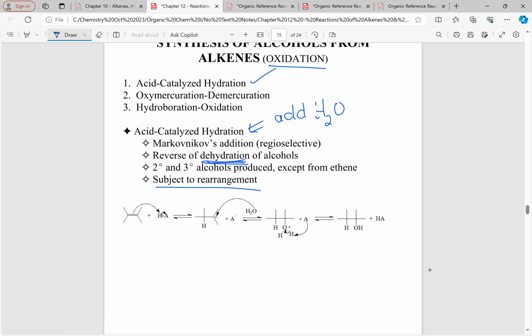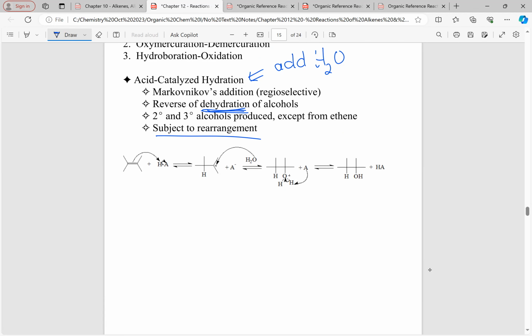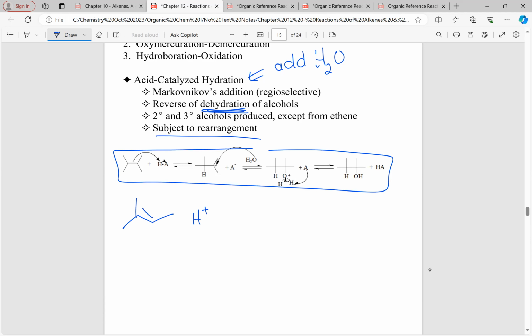All right, so the overall mechanism is just like the other ones in the past. We are going to react it with an acid first. Okay, so this is a very pretty one drawn out for you. You get the ugly version with me drawing. All right, we are going to break that pi bond and we're going to attack the acid.